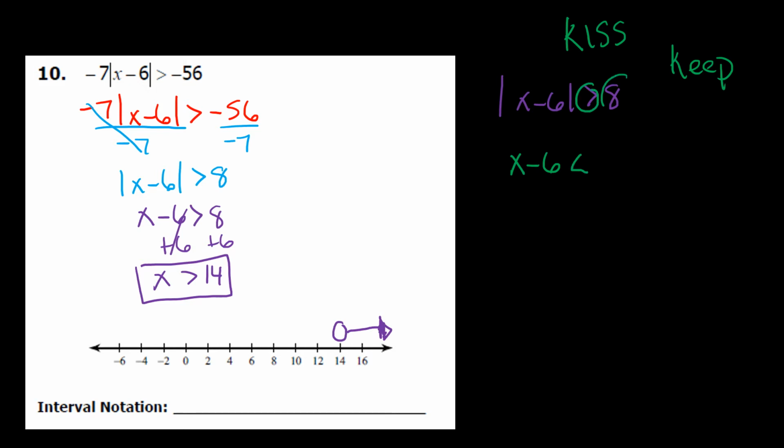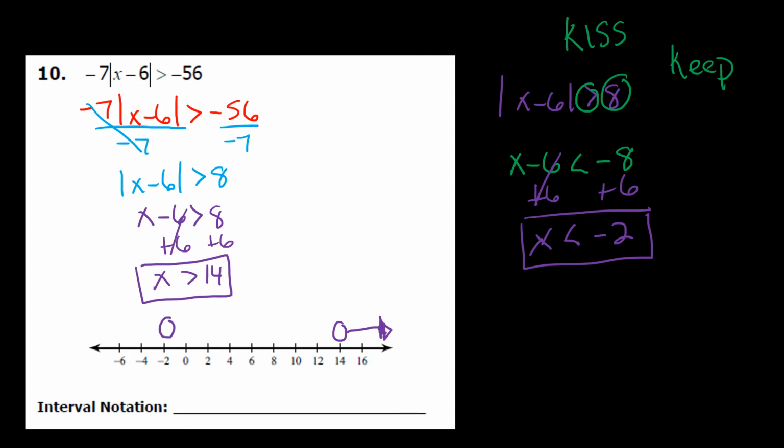And you switch this value, so now it becomes -8. And then from here we solve. So then to solve this, you're going to add 6 to both sides. So we'll get x is less than -8 plus 6 is -2. And this is what you would graph. So we come to -2. It'll be an open circle because we're less than, right? Not equal to. And it's all the values that are going that way.